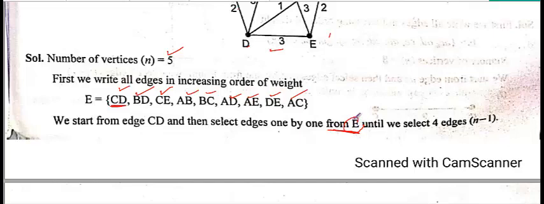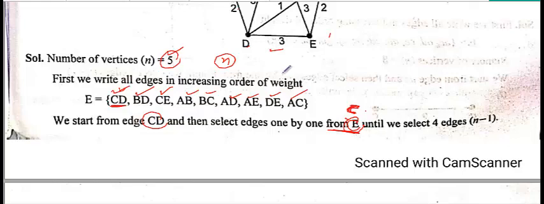Because when you find the final spanning tree, you will get E as one of the ends, but you need not worry about this at the moment. Because you selected CD first, you start from C, so starting point is C. How many edges do you have to select? 4, because in a tree, if there are n vertices there are n minus 1 edges. So you must visit 4 edges.